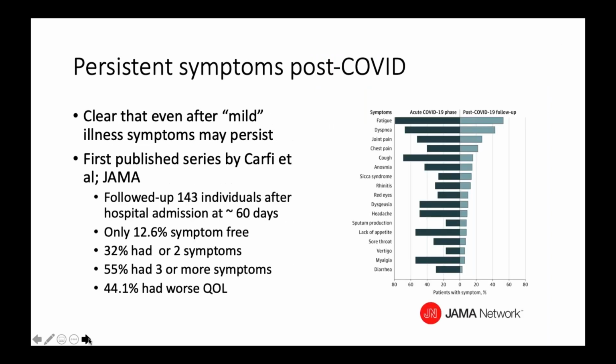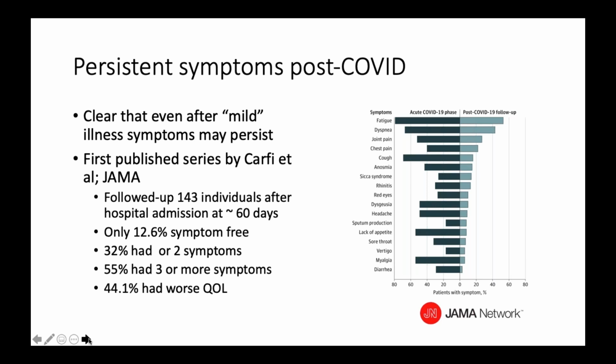So we know that people can develop persistent symptoms even after very mild illness. The only significant published data we have, there are a couple of smaller trials as well, is a trial out of Italy where they followed 143 individuals about 2 months after their hospital admission, and only 12% were completely symptom-free at that point. A third had 2 symptoms, and more than half had 3 or more symptoms.